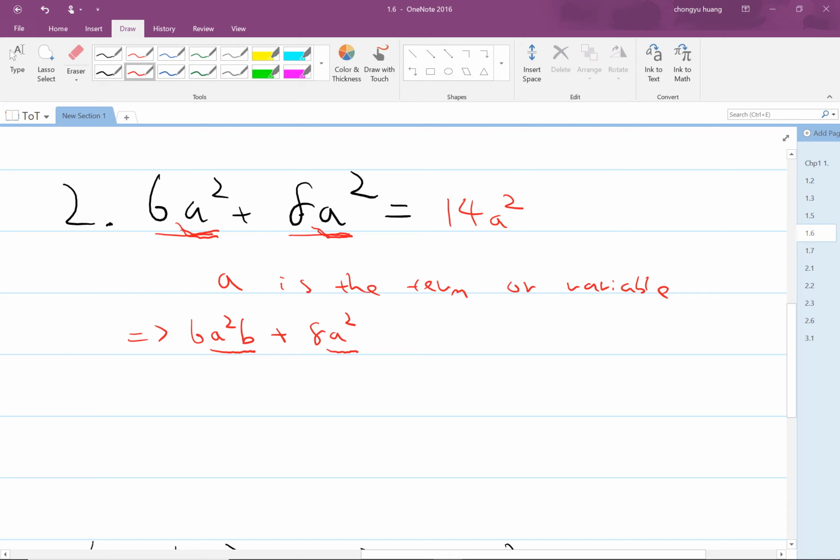So you cannot do anything with it, and you just leave it as it is. But in this question both of them are a squared, that's why you are able to add it. You want to make sure that they have the same term in order to do any subtraction, addition, multiplication, and division.